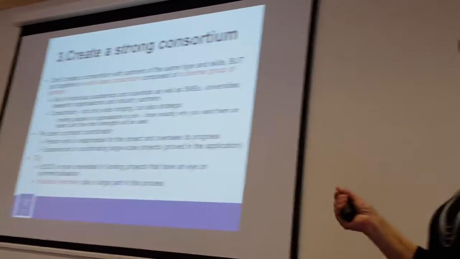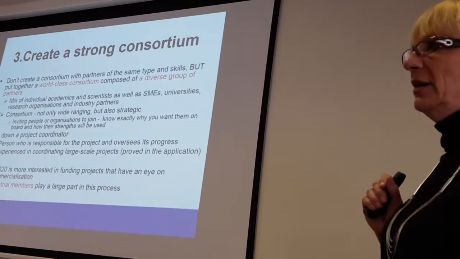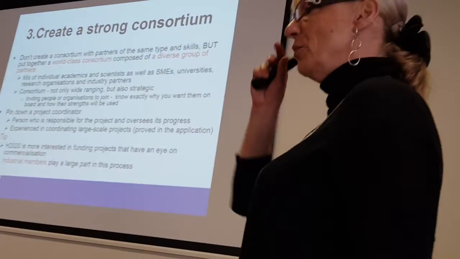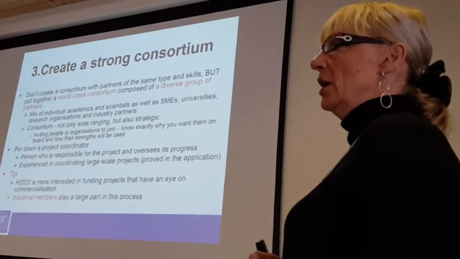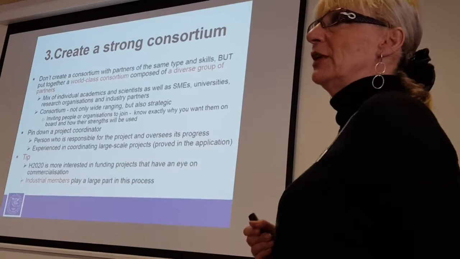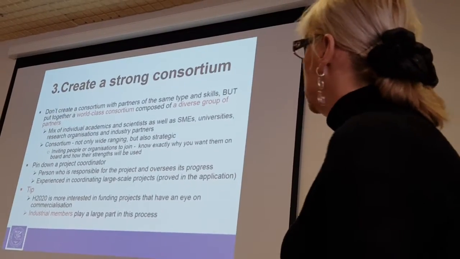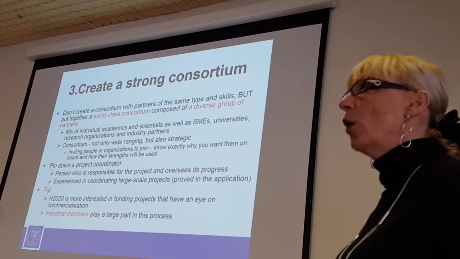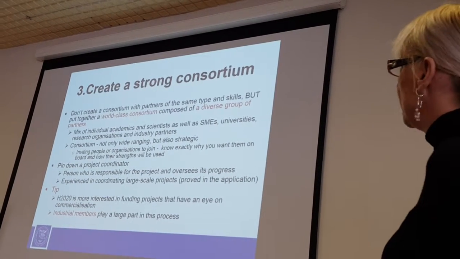So don't put together only the university or academia partners, but based on the objectives you would like to achieve with your project, try to specify different types of stakeholders and try to think about their involvement and their role in your project.